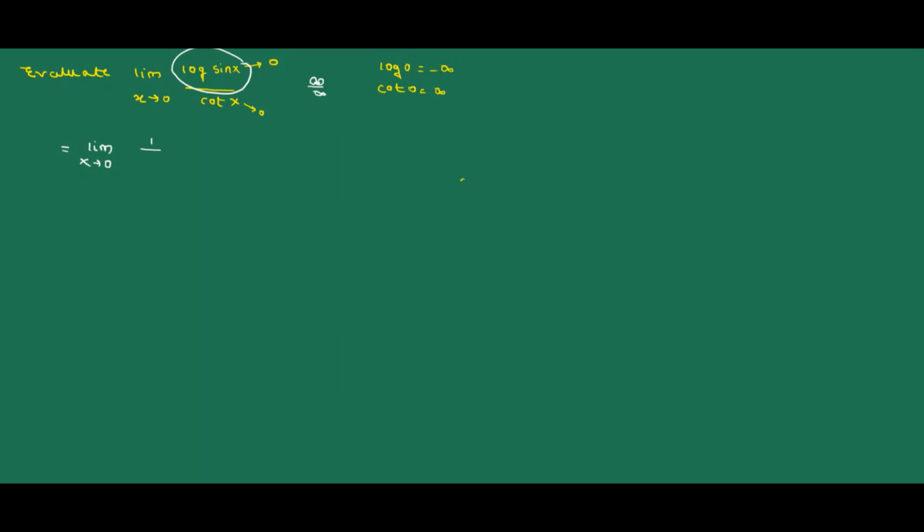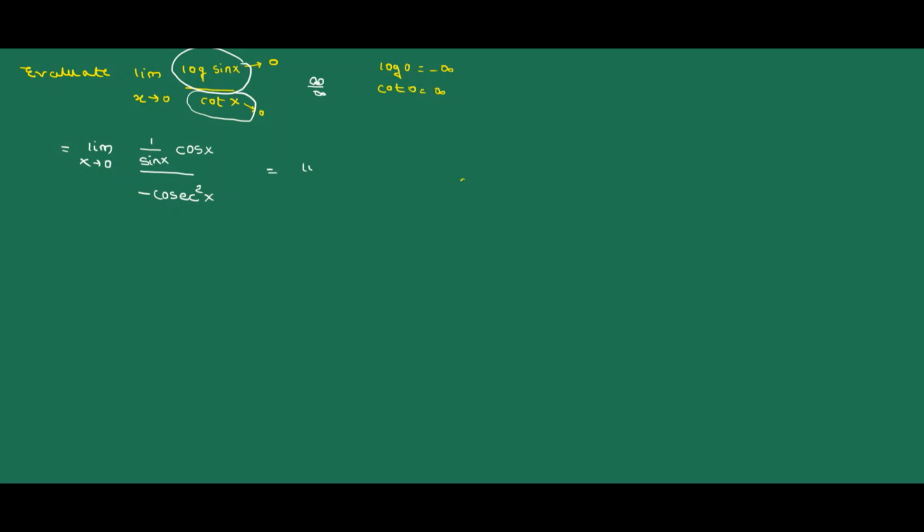Differentiation of log sin x is 1 divided by sin x into differentiation of sin x, which is cos x, divided by differentiation of the denominator term. Differentiation of cot x is equal to minus cosec square x. Then this is equal to the same term.